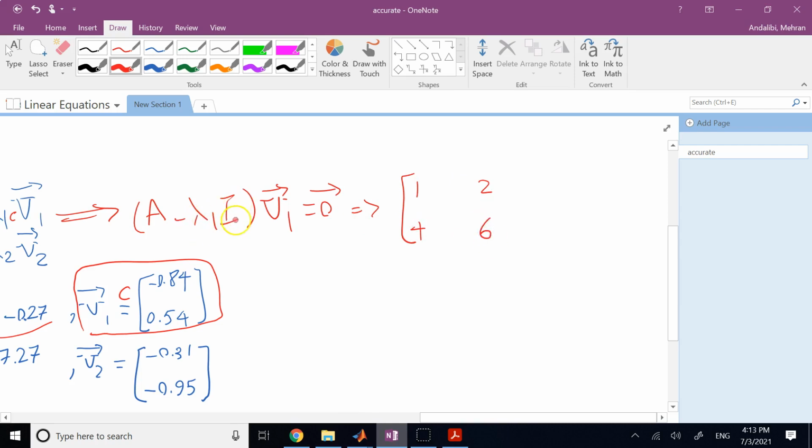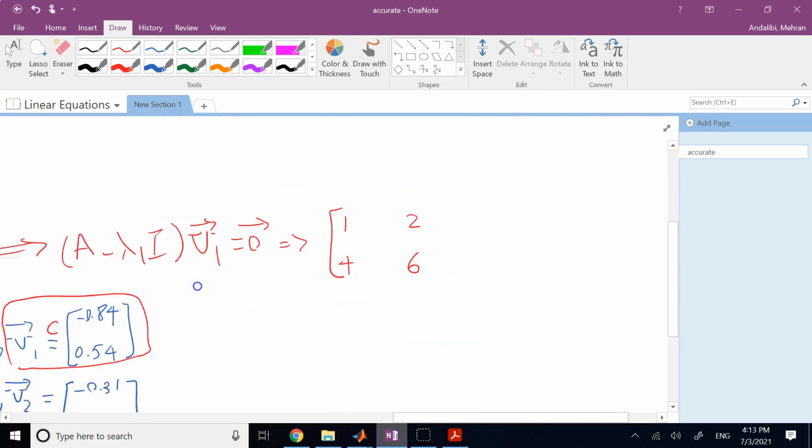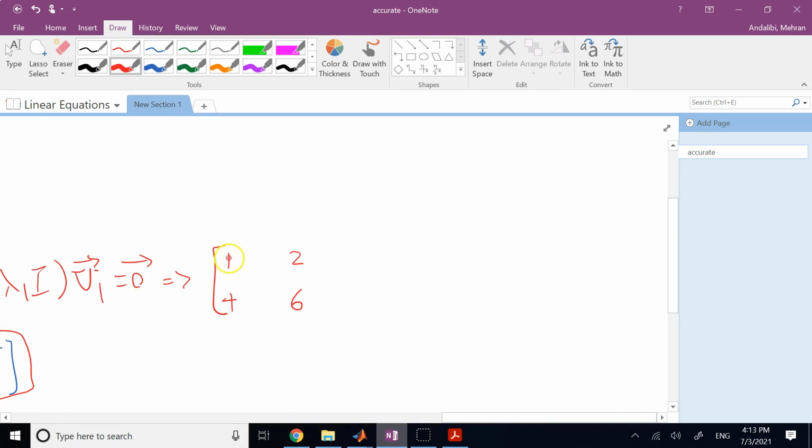Minus lambda 1 I means on the diagonal just subtract lambda 1, and lambda 1 is negative, so you have to add that 0.27 on the diagonals. So this matrix times v1, which has, let's say, two components, x and y, is equal to 0 and 0.